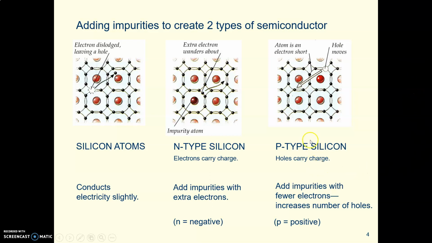Now another piece of silicon we might have put into the furnace with an impurity that will increase the number of holes, and a hole is a place where an electron should be, but there's not one there. There's a hole. And because these have fewer electrons than they normally would, they have a positive charge, and so we call them P-type silicon, P for positive.